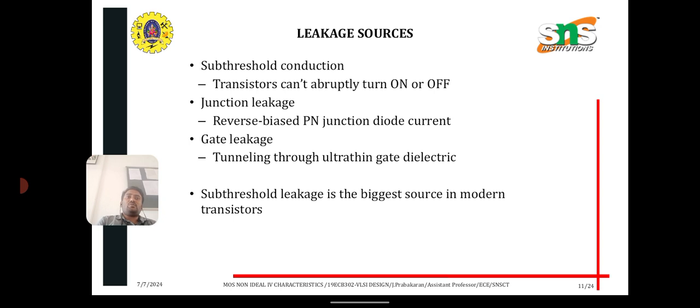Leakage currents in MOSFETs are non-ideal behavior and deviate from the ideal current-voltage characteristics.